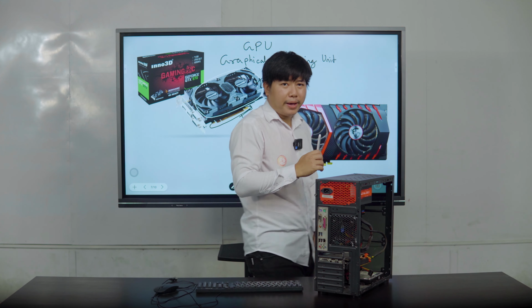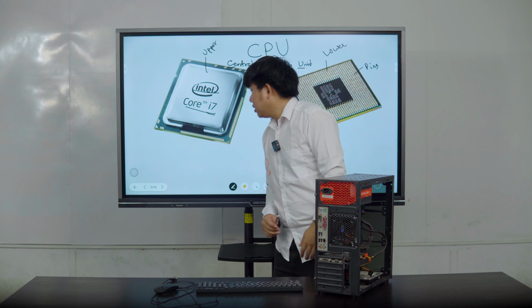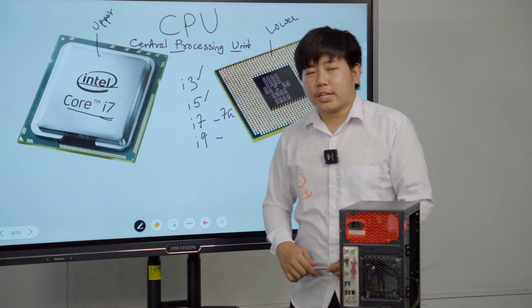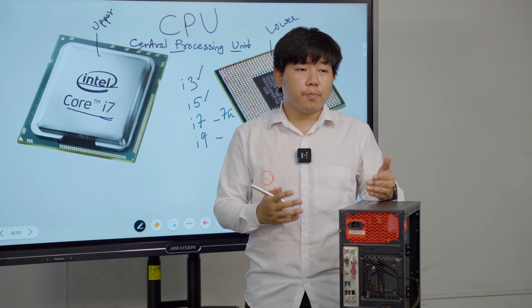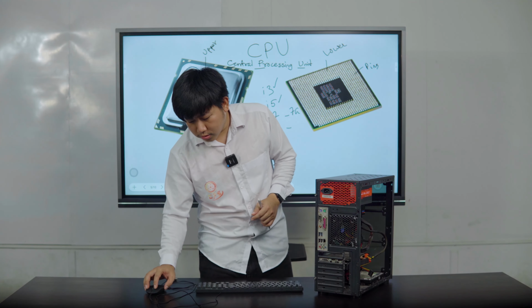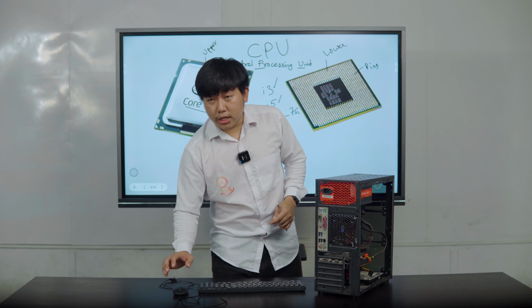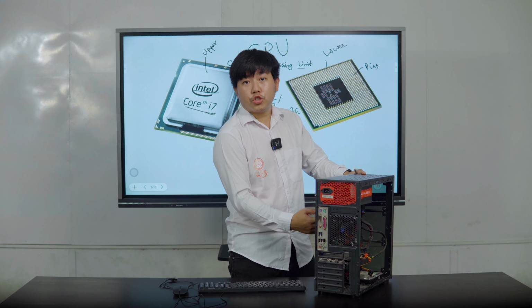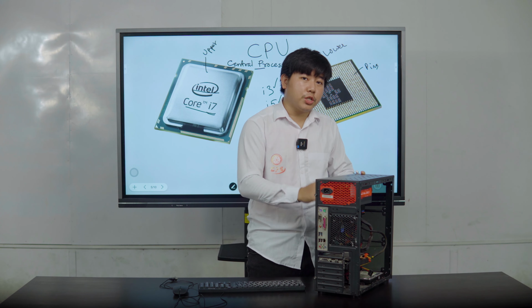So let's go back to the CPU again. What does the CPU do? The CPU is actually the brain of a computer, and it processes everything we do. Let's say I move the mouse a little bit to the left side, and that information is sent to the motherboard, and from the motherboard to the CPU.